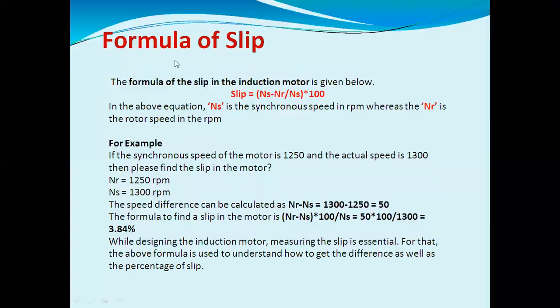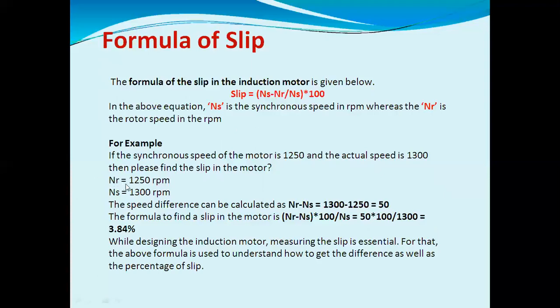So this is the general formula of the slip that we have known. Slip is given as a percentage: it is given by (NS minus NR) by NS into 100%, where NS is the synchronous speed and NR is the rotor speed.